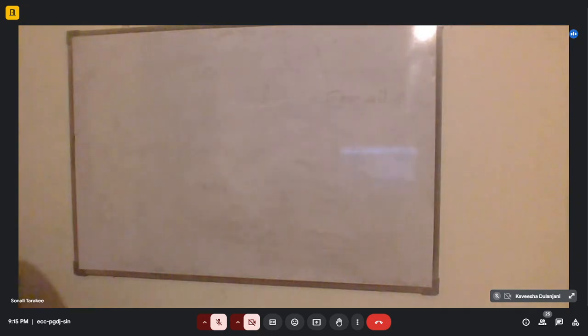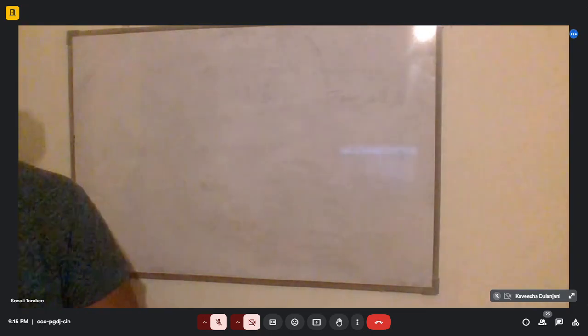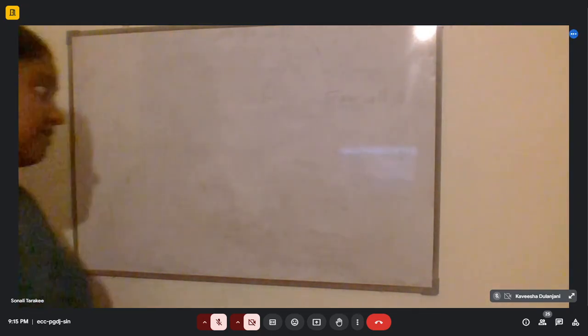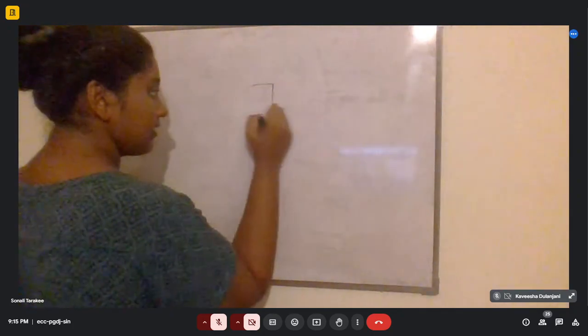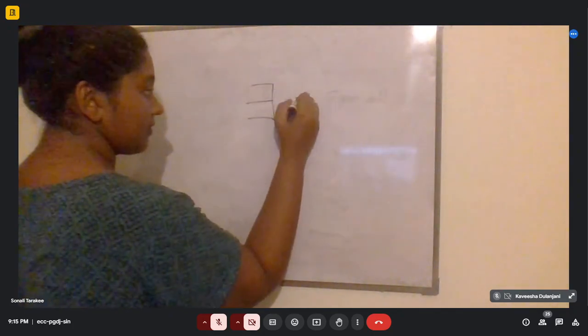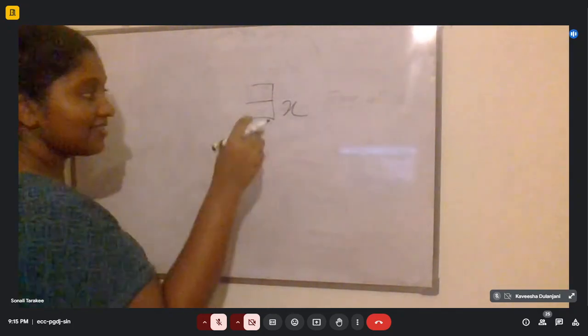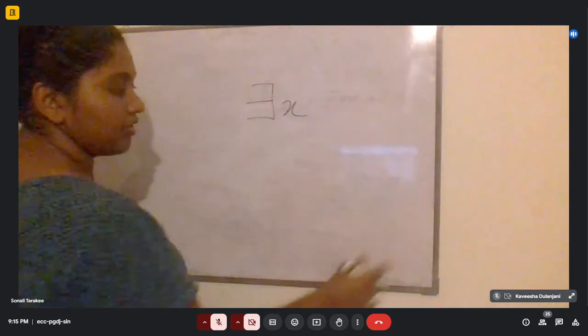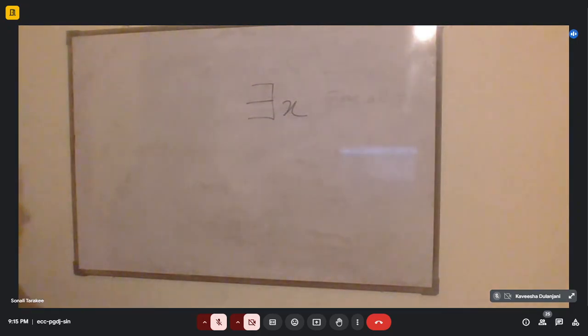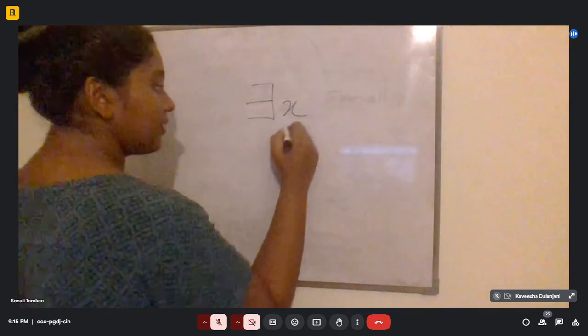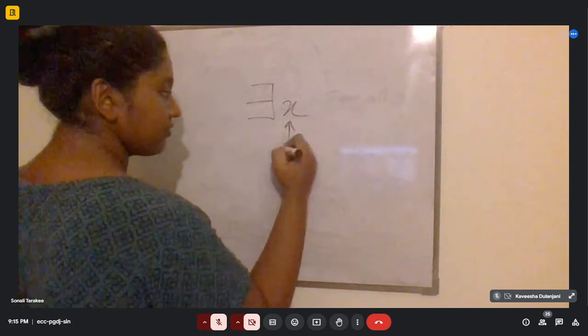Then the next one is existential quantified statement. The symbol is like this. This means some x comes true for a certain condition. That means at least one element should be there for this to be true.